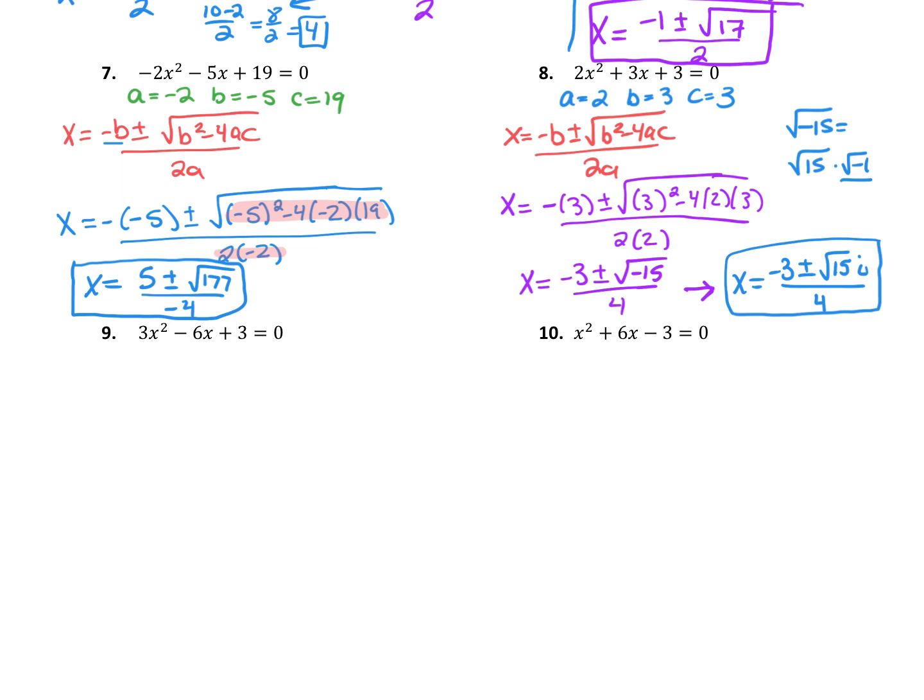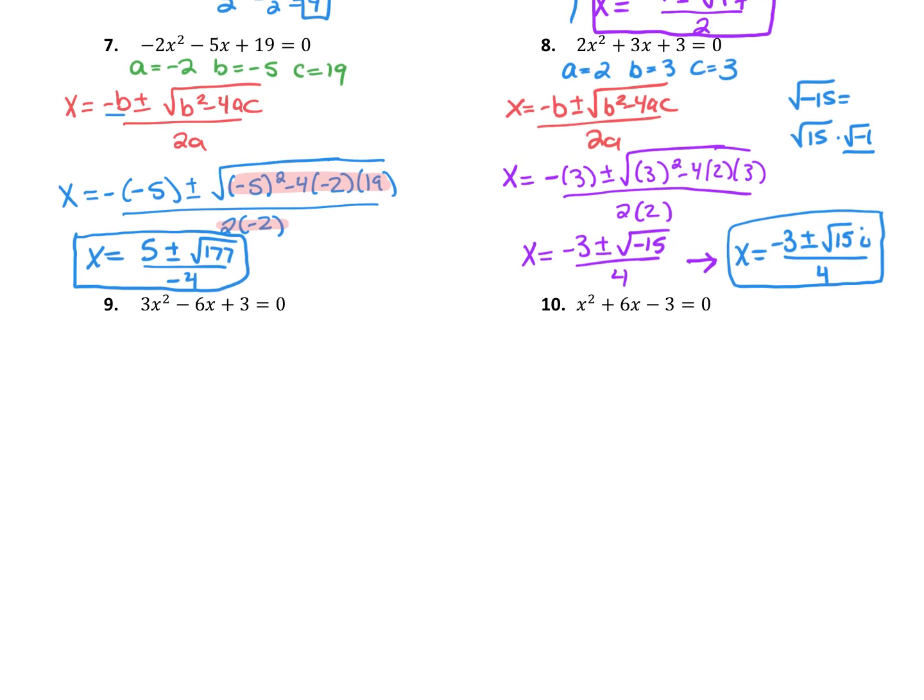All right, let's look at number 9. So again, it's already equal to 0. So a is 3, b is negative 6, c is 3. X is equal to negative b plus or minus the square root of b squared minus 4ac all over 2a.